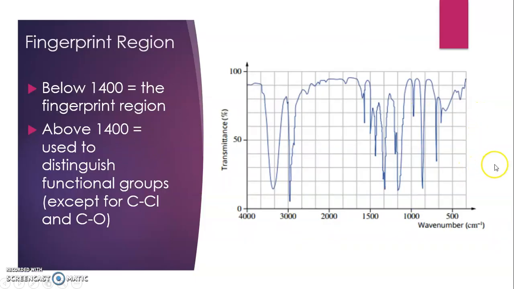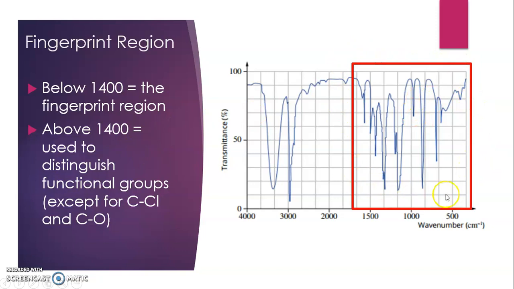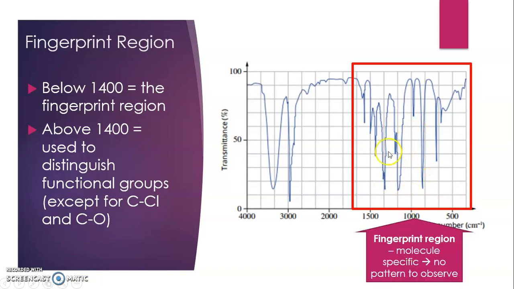So here, the lower region of the IR spectrum is what we call the fingerprint region. The absorption patterns in those regions are unique to each individual molecule. It's like the fingerprints of a human being. Different molecules will have different fingerprint regions in IR.